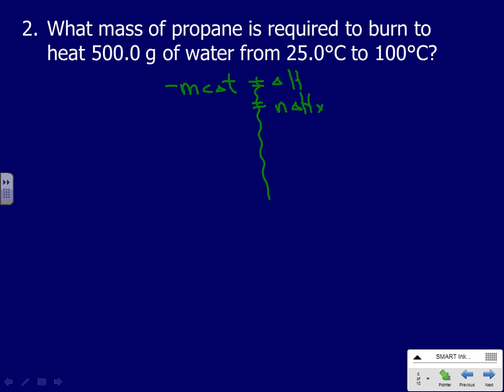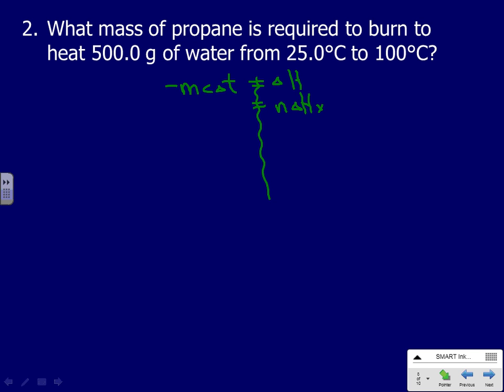If I'm talking about the propane, it is our system, because that's what's burning. And if I ultimately want to get the mass of the propane, which is the mass of our system, what am I finding first? What am I finding first in all of this chaos? If I want to get the mass of the propane, and the propane is the system, what do I need to get first?